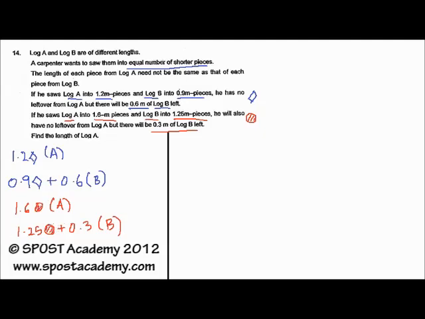Okay, so doing the comparison, since log A has not changed in length, we can conclude that 1.2 diamond is equal to 1.6 shaded circle, while 0.9 diamonds plus 0.6, which is the length of B, must be equal to 1.25 of this circle plus 0.3, because the length of B did not change as well.